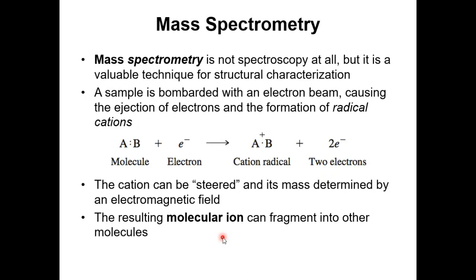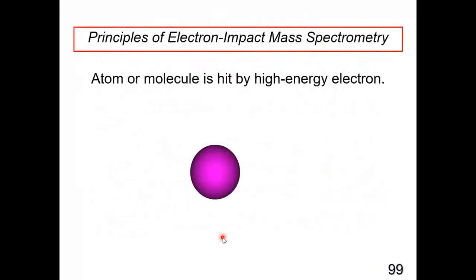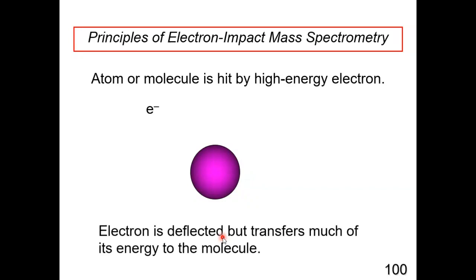Here you have an atom or molecule, then an electron hits it. We all know electrons are much lighter than molecules. So what happens in such a collision? If a very small thing hits a very heavy thing, the electron will be bounced away, but this collision transfers some kinetic energy from the electron to the molecule. So the molecule will be energized.